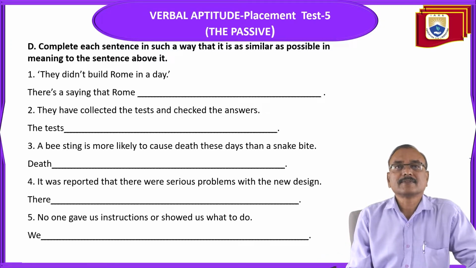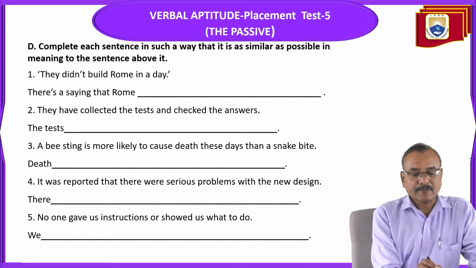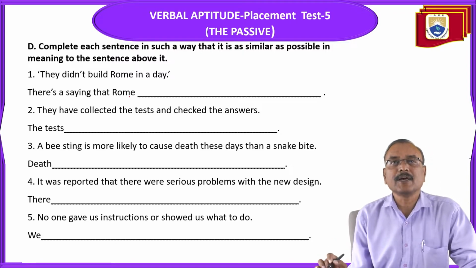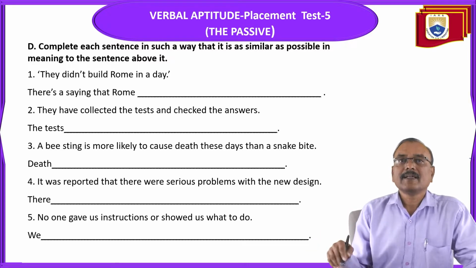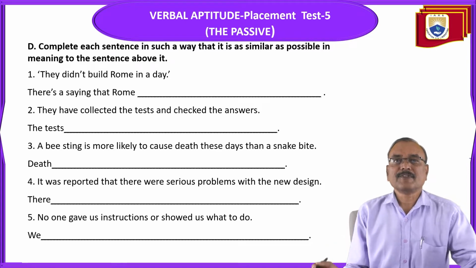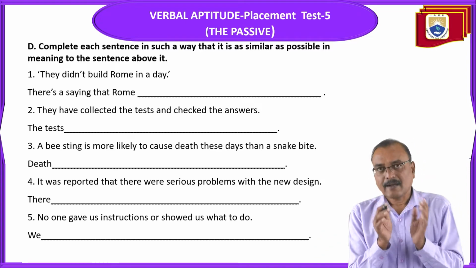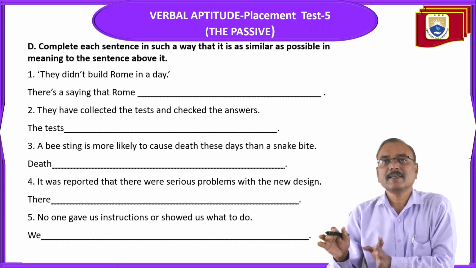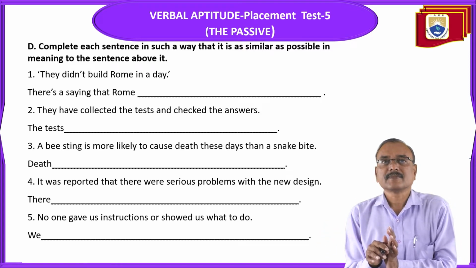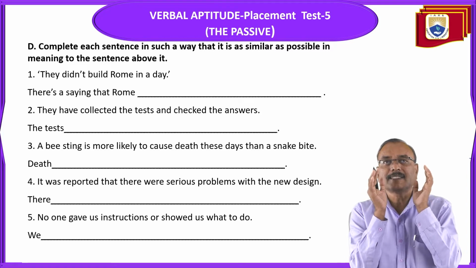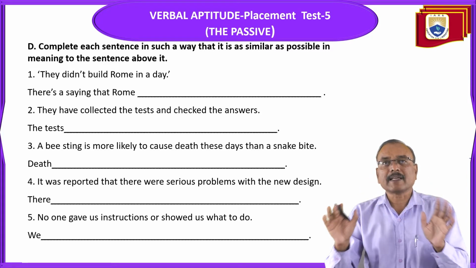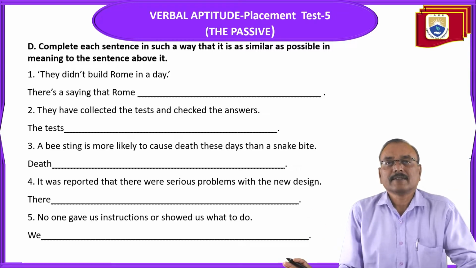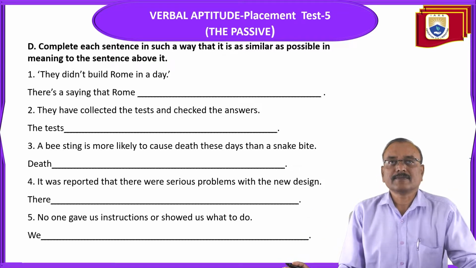The beginning of the sentence is given, then you have to understand how to write, whether to write in passive or active. Is it clear? If it begins with the object here, the sentence must be in passive voice. If the sentence begins with the subject here, the verb should be in active voice. That's all. Just remember that one.